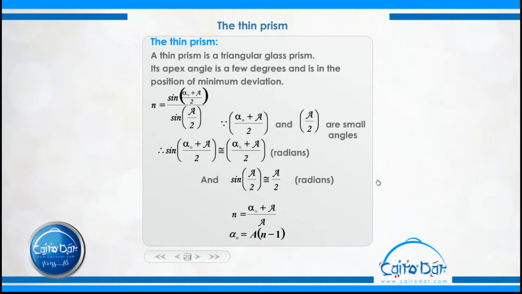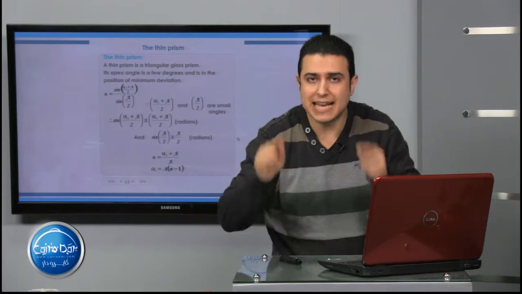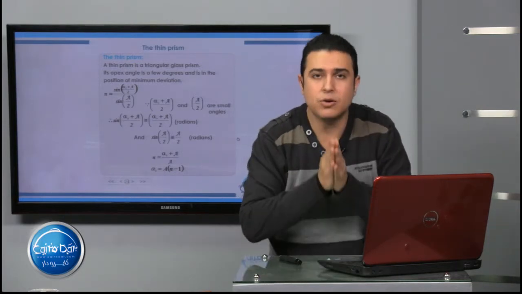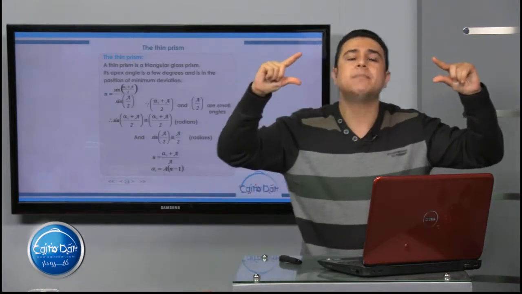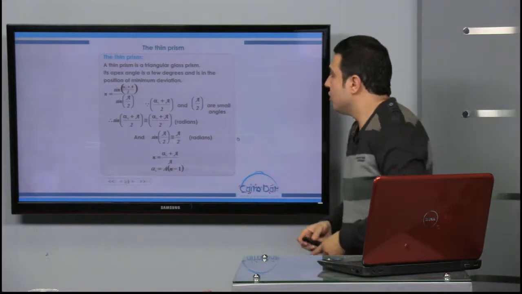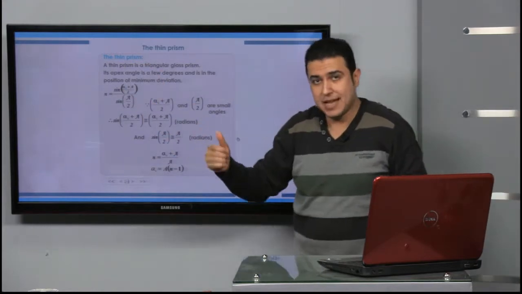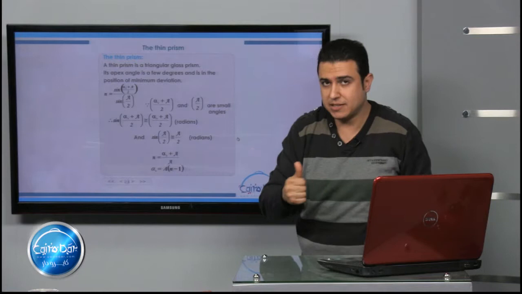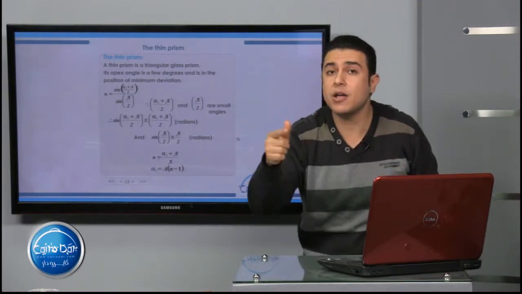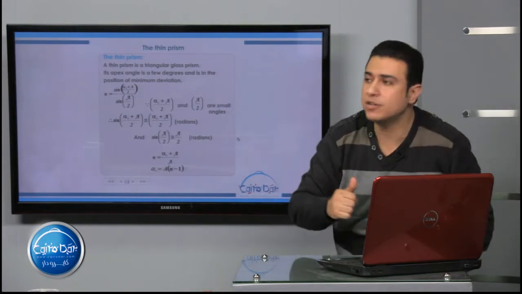So the thin prism needs 2 conditions. The first one: a few degrees, the apex angle doesn't exceed 10 degrees. The second condition: the thin prism is located at the position of minimum deviation. From the relation at minimum deviation, n equals sine of (alpha naught plus A) over 2, divided by sine of A over 2.